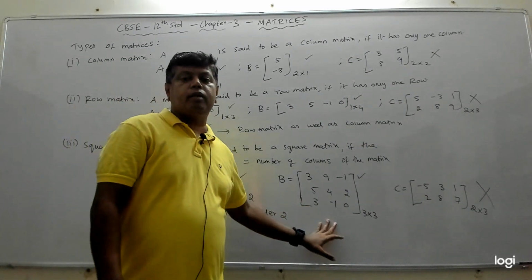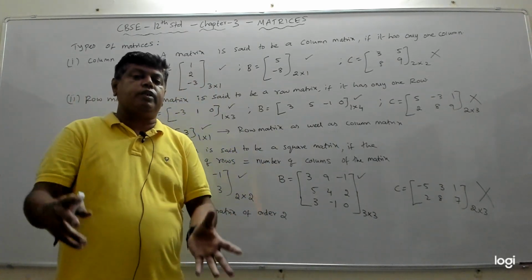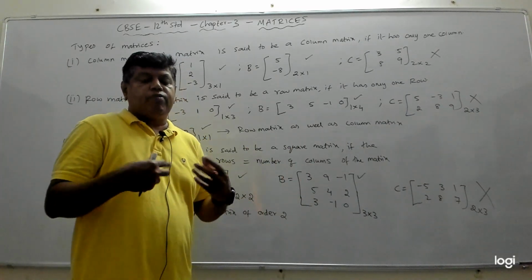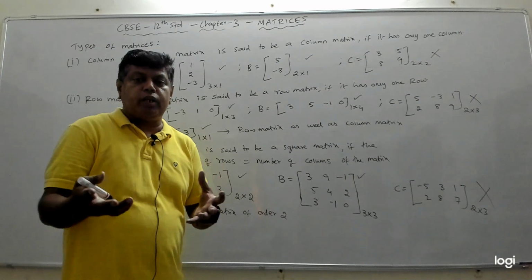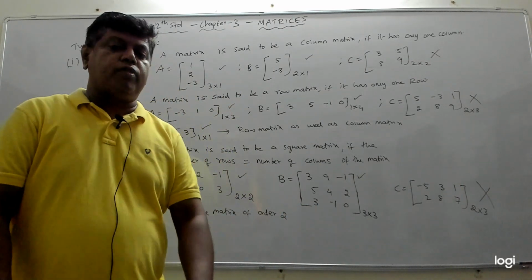Here we may say P is a square matrix of order 3, without saying 3 cross 3, because for a square matrix the number of rows will be equal to the number of columns.